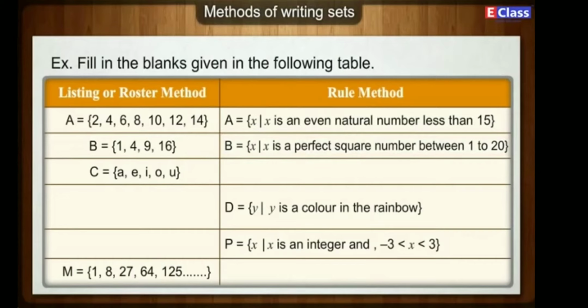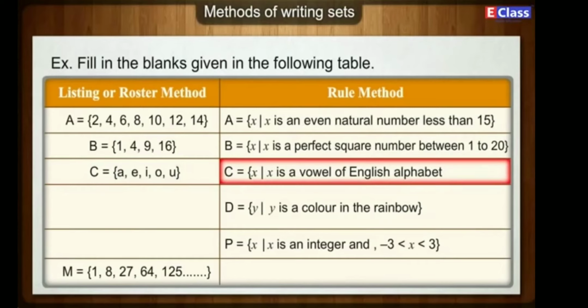Listing or roster method. C = {A, E, I, O, U}. Rule method. C is a set of x such that x is a vowel of English grammar.